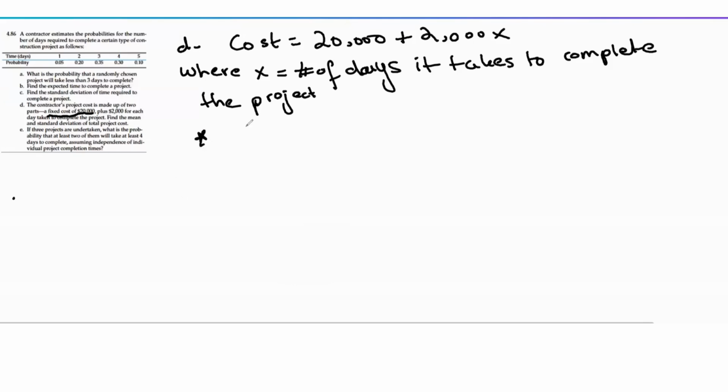Now let's find the expected value of cost. The expected value of cost is essentially the expected value of this function that we just wrote, 20,000 plus 2,000x.